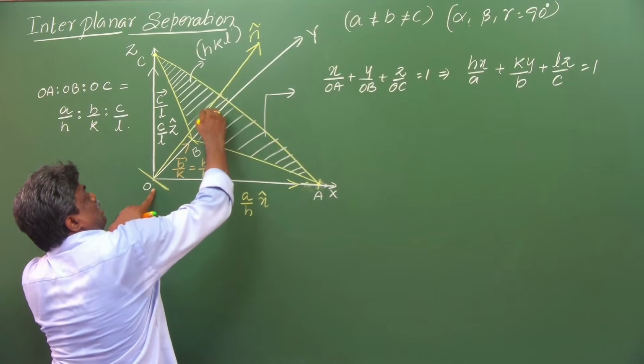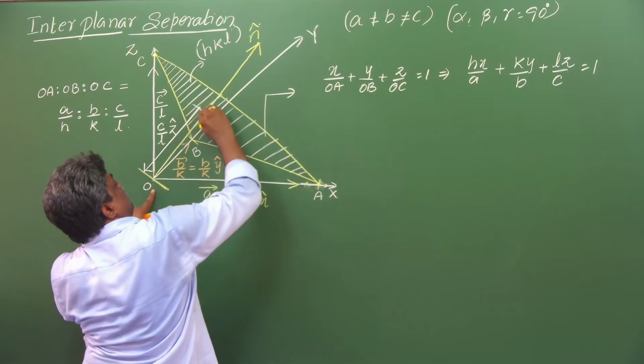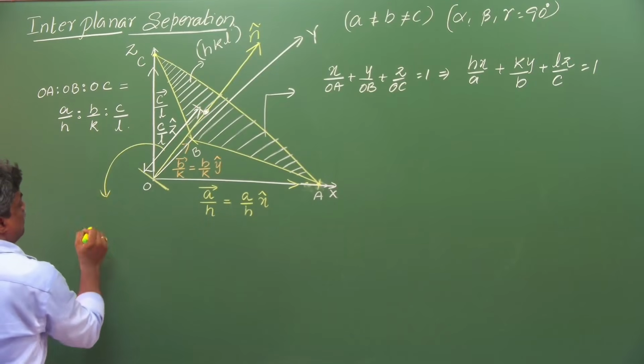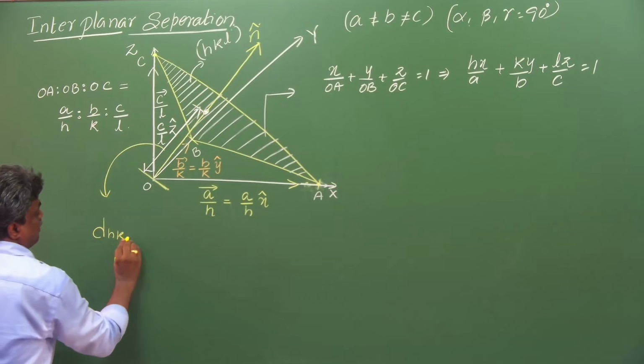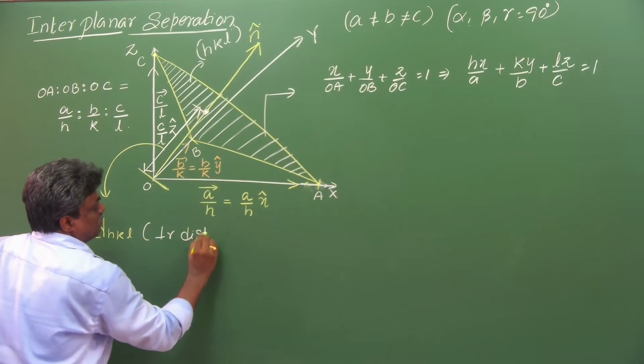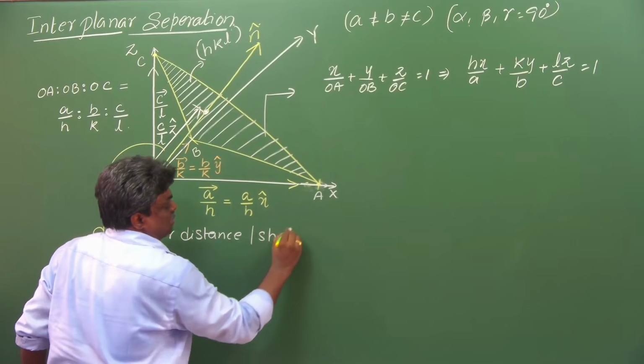This is the normal. So we want this distance, let us say d HKL, which is the perpendicular distance or shortest distance, whatever it is.